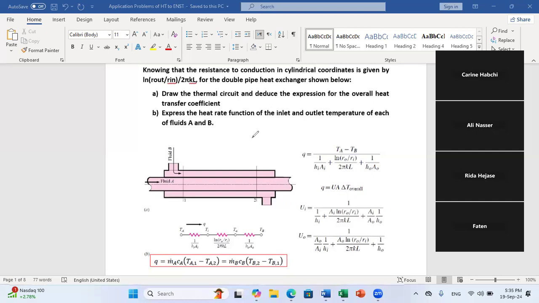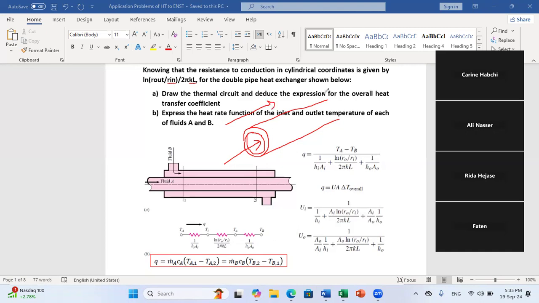In this case, you have cylindrical coordinates because the shape of pipes is a tube, so it's a circular cross section. Okay, and let's say the tube will have a certain thickness, and in general in a heat exchanger we have one fluid coming from the inner side, and another fluid going over the outer side of the circular tube.